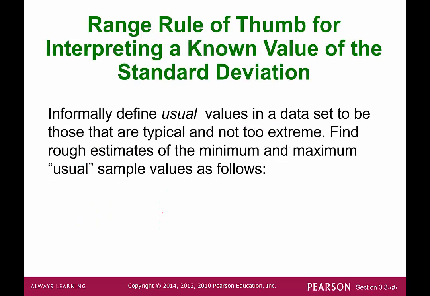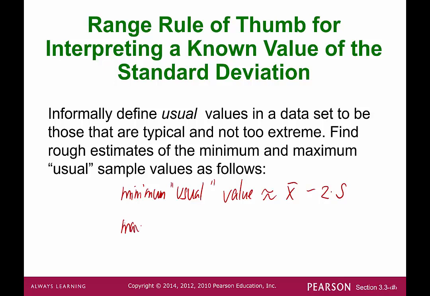And according to this range rule of thumb for interpreting a known value of the standard deviation, we can estimate the minimum usual value as sample mean minus 2 standard deviations, on the left-hand side of the mean.